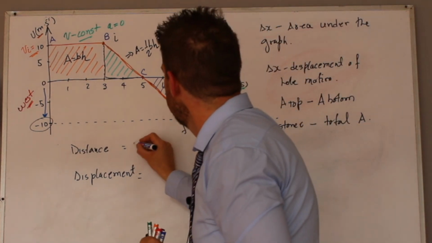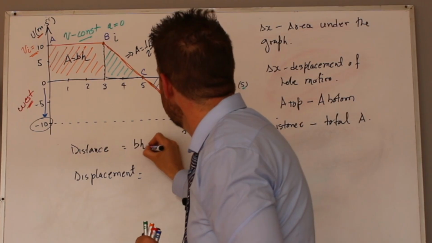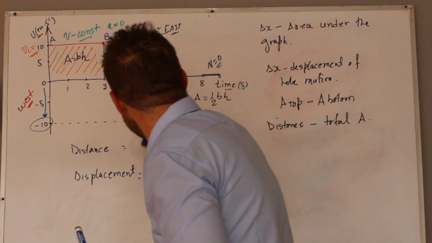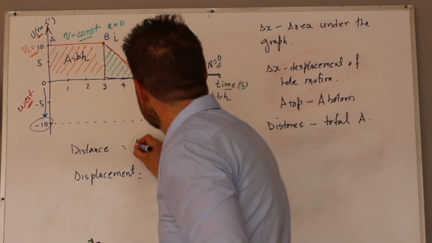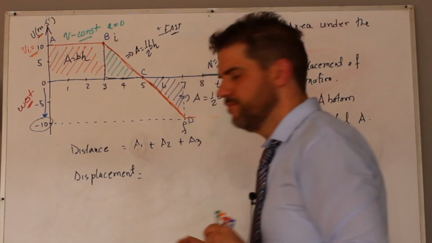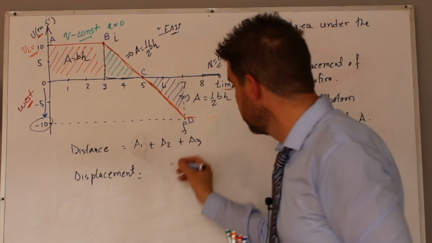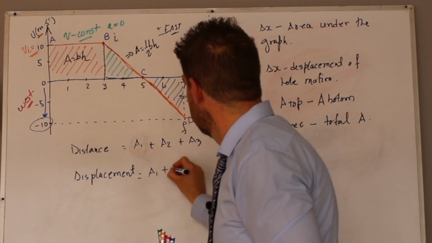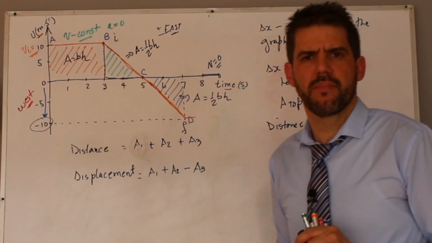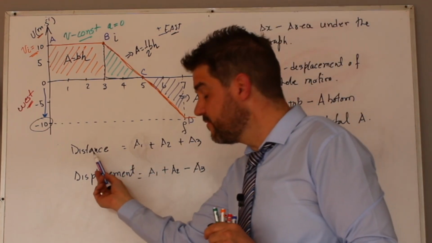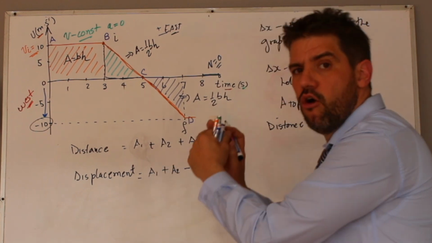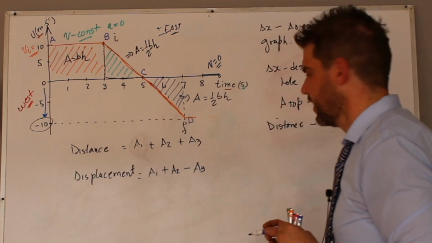Let's write area 1 plus area 2 plus area 3. But if you're going to calculate the displacement, it will be area 1 plus area 2 minus area 3. So that is the difference. If you calculate the displacement of the whole motion, you have to subtract.